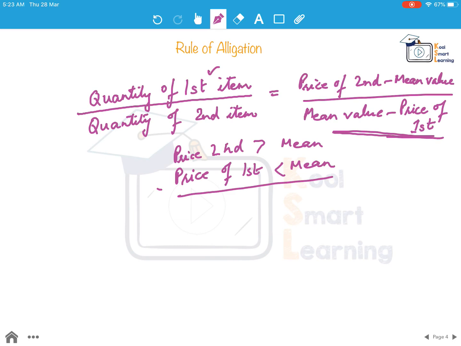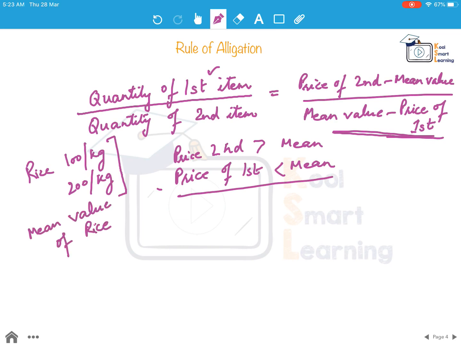Now why are we taking this? We have to see, when we are mixing a rice of 100 per kg with 200 per kg, the very obvious thing is that the mean value of the mixture rice will be somewhere between 100 and 200.